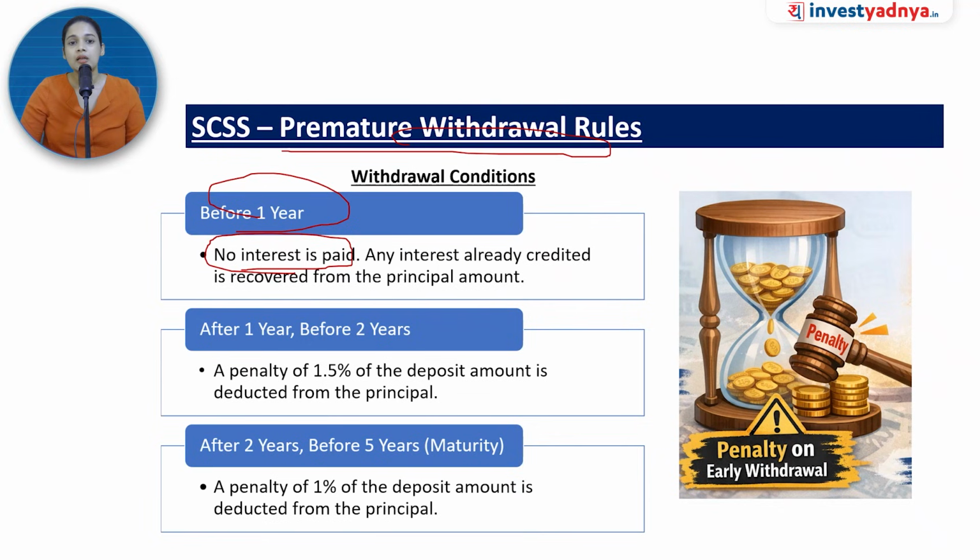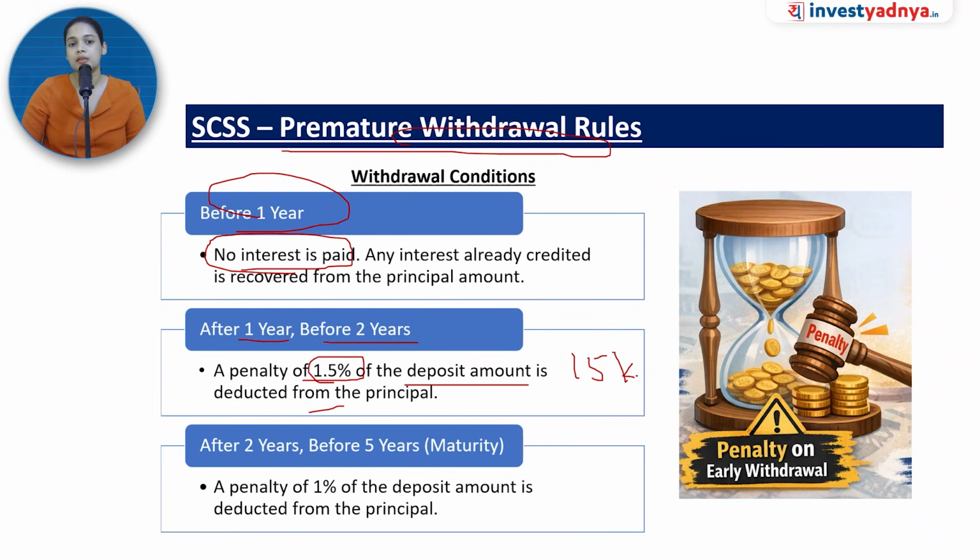For example, let's look at the penalty we just discussed. After 1 year, before 2 years, 1.5% of the deposit amount is deducted from your principal as penalty. For example, you invested 10 lakhs. Then 1.5% means 15,000 will be deducted from your principal amount at the time of the closure.